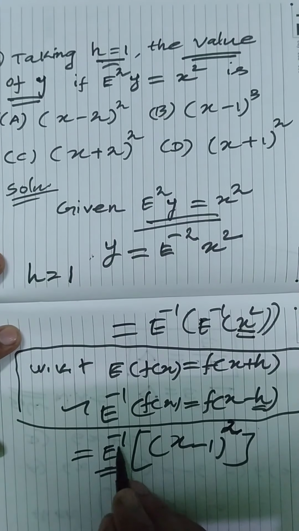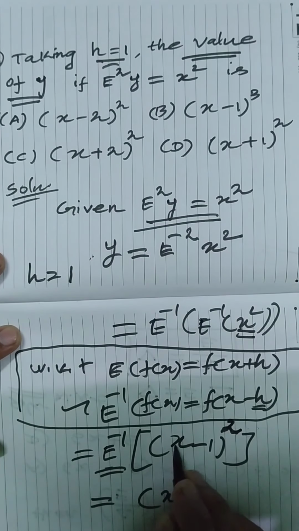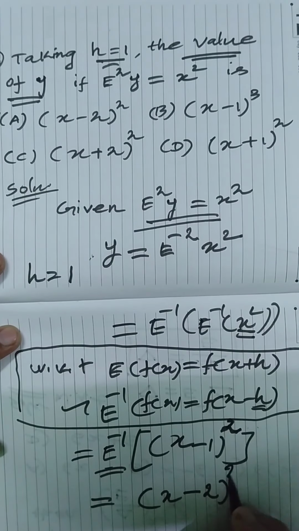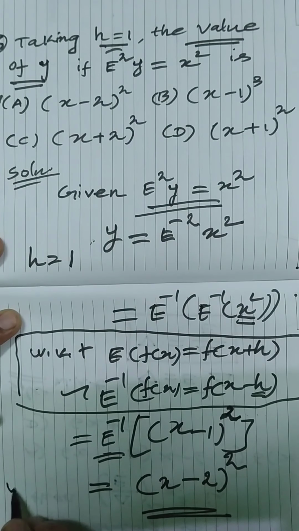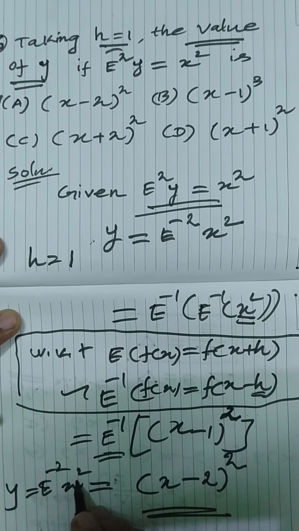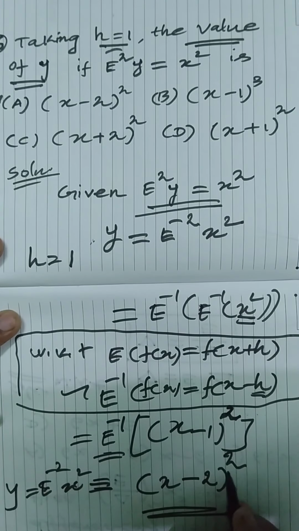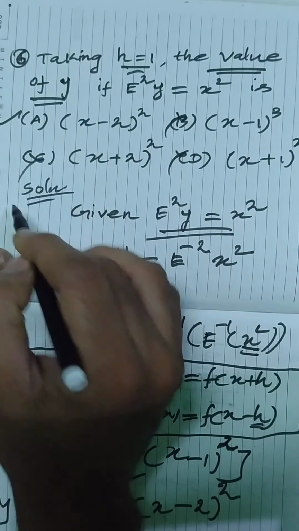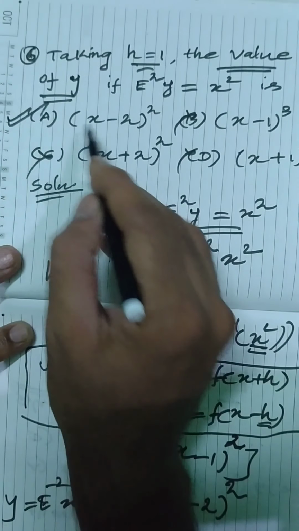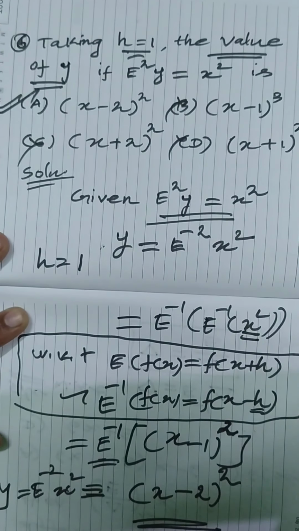Again we have to apply the inverse shifting operator, so we get x minus 1 minus 1, so the final answer is E power minus 2. This is the y value, E power minus 2 of x square, and we are getting x minus 2 whole square. So 3 options are wrong, and the first option is correct, because we got x minus 2 whole square.